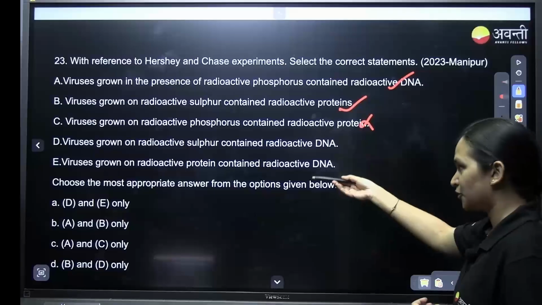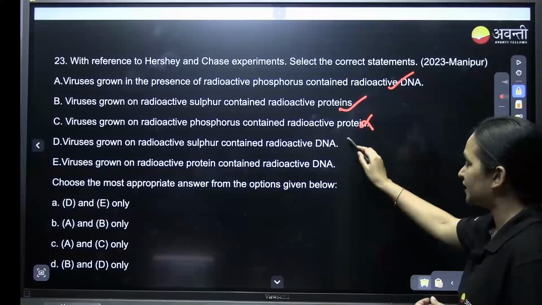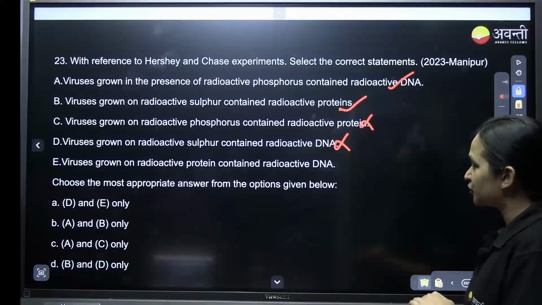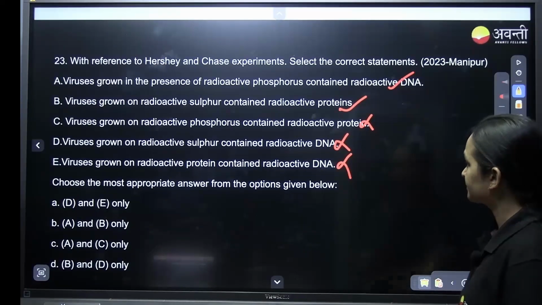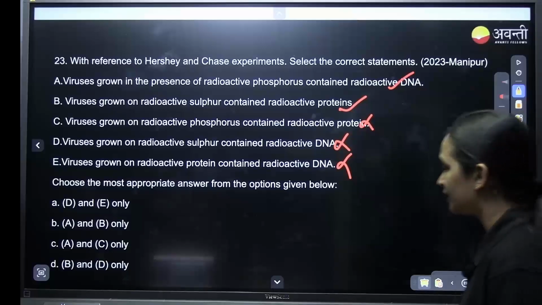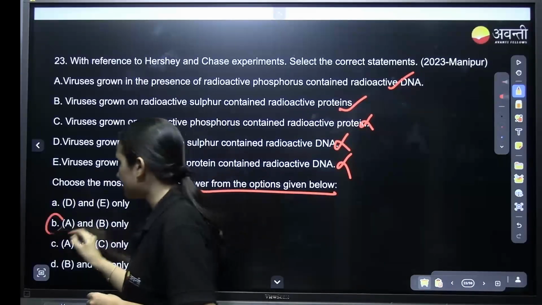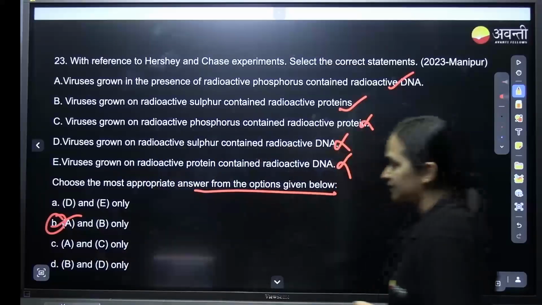Virus grown on radioactive sulfur contain radioactive DNA. No. So, A and B are the correct answer. We need to find the most appropriate option, which is A and B. B for Bombay is the correct answer.